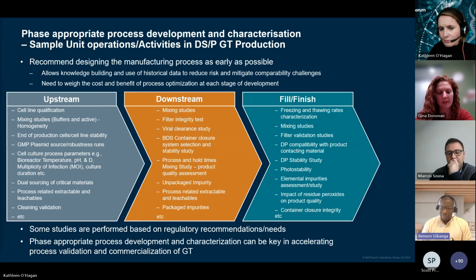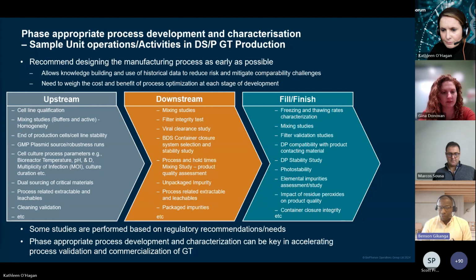The idea of doing that is to see whether we can use all this information to get to the validation and commercialization of the molecule faster, especially for cell and gene therapy.